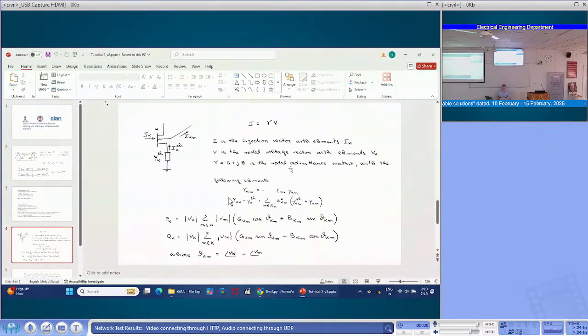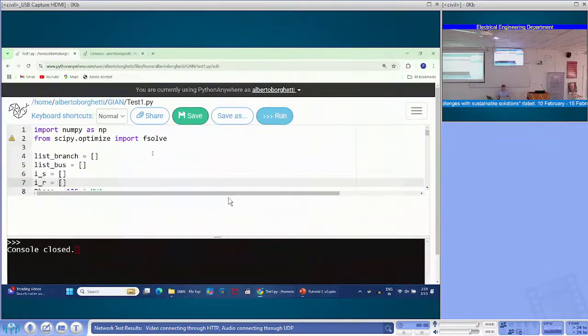So we are here, and these are the equations that we need to include. So I will go directly to put the equations that we need to solve with the fsolve. So the idea is that we write the equation and the solution is provided by fsolve. That is this library that is called at the beginning.